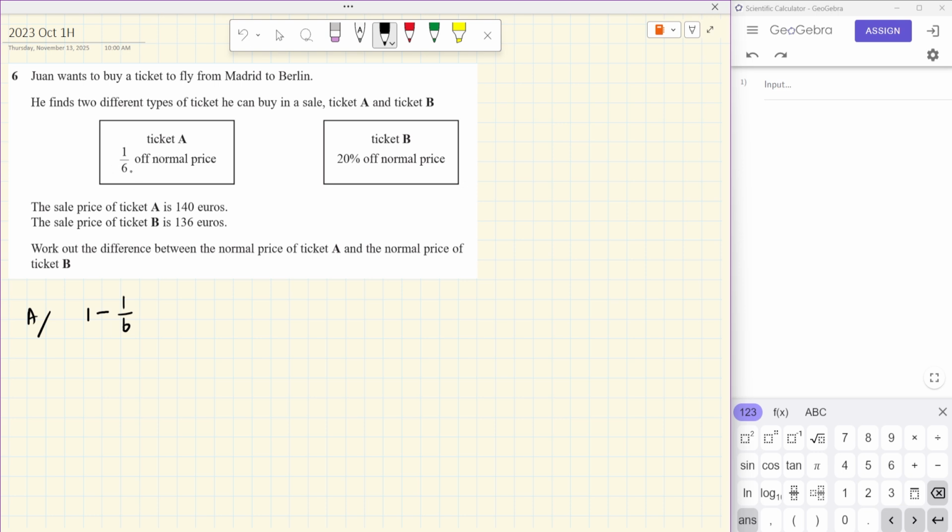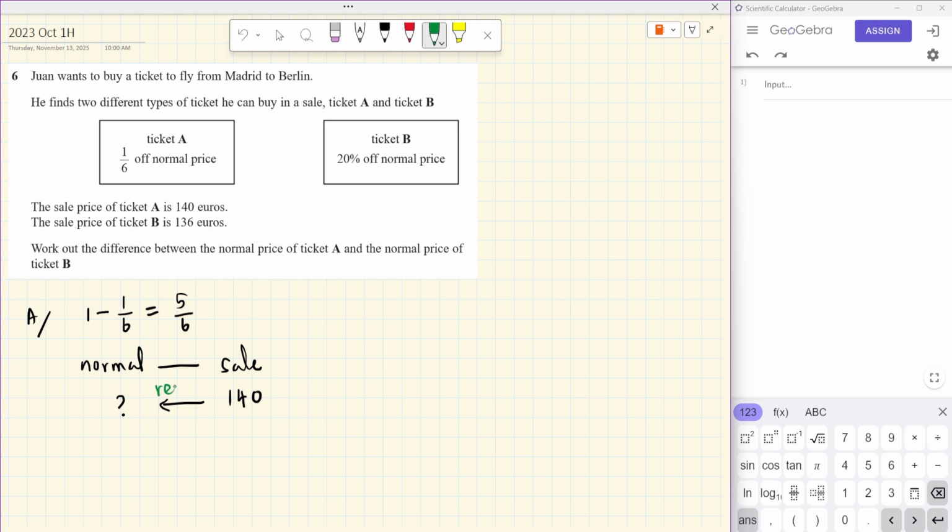This amount has to be decreased. 1 minus 1/6, that is 5/6. So normal price we need to find, sale price given, that is 140. We need to find the normal price, that means we need to find the initial price. So this is called reverse percentage.